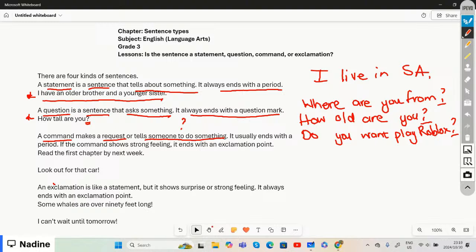They are telling you to go and study for the test because we are writing a test next week. If your parent tells you to clean your room, that is a request, that is a command.